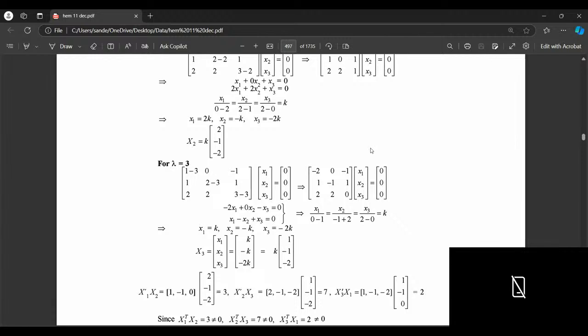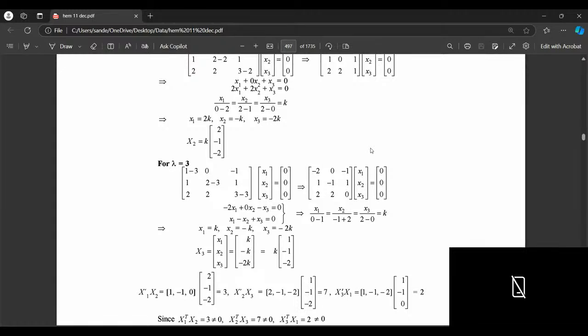Minus 2x1 plus 0x2 minus x3 equal to 0; then x1 minus x2 plus x3 equal to 0; and the last equation 2x1 plus 2x2 plus 0x3 equal to 0.